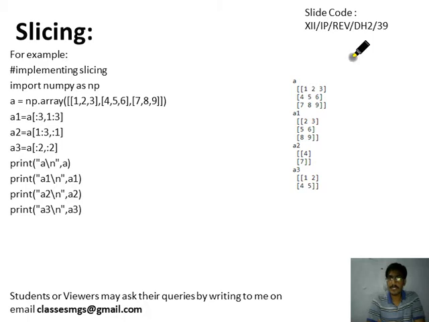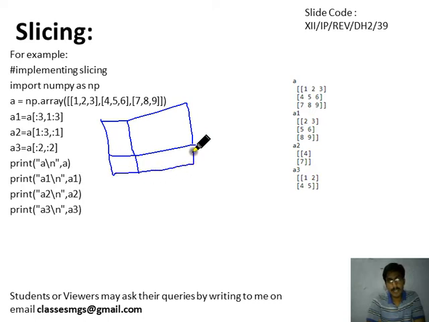Okay, so we will see some examples here. Let's suppose this is the NumPy array. This is a 3 cross 3 NumPy array, meaning a two-dimensional NumPy array of shape 3, 3.